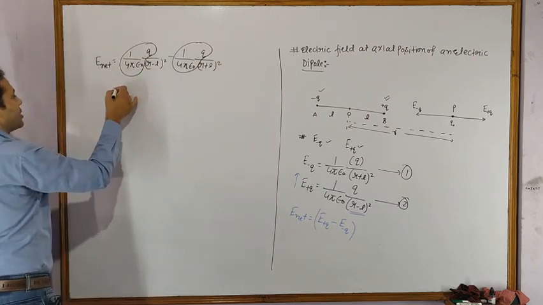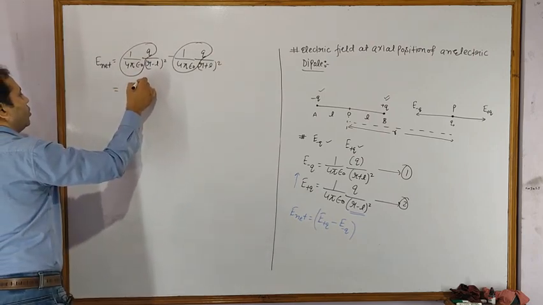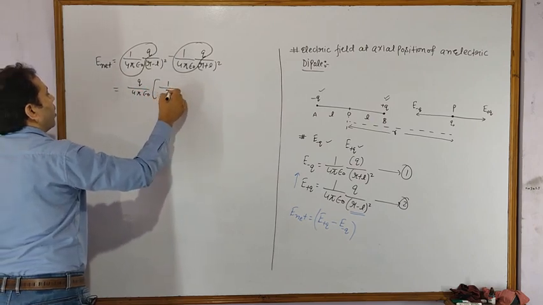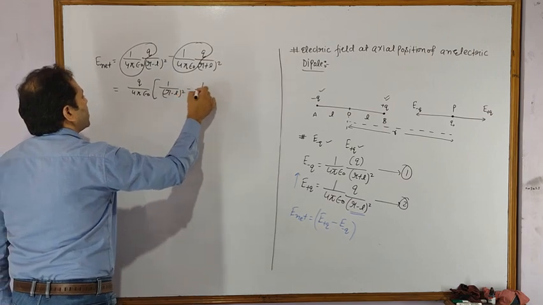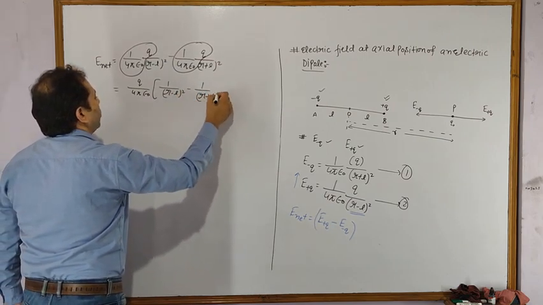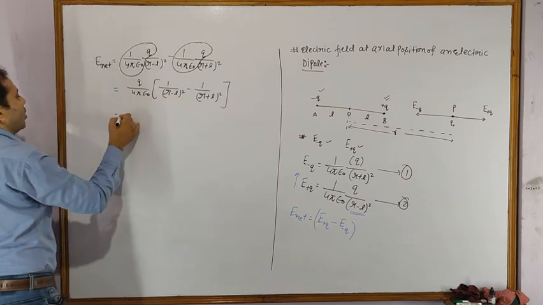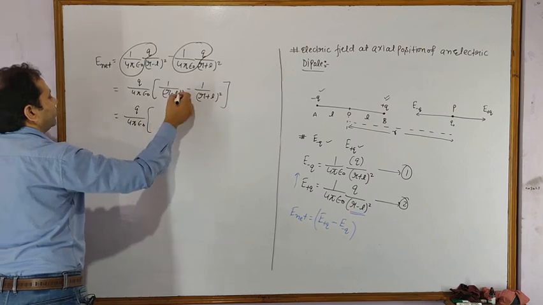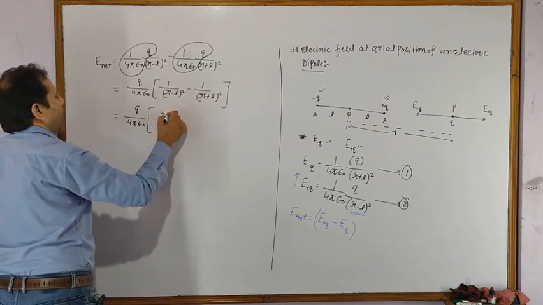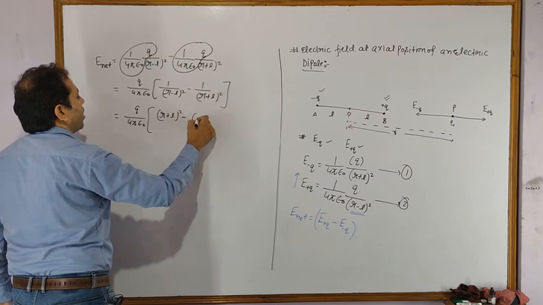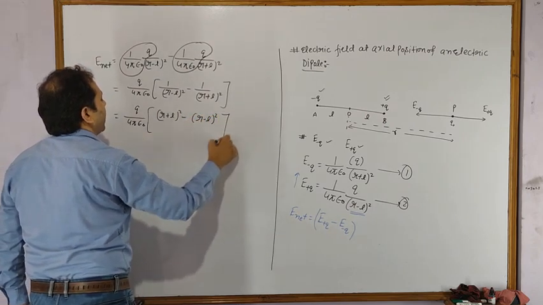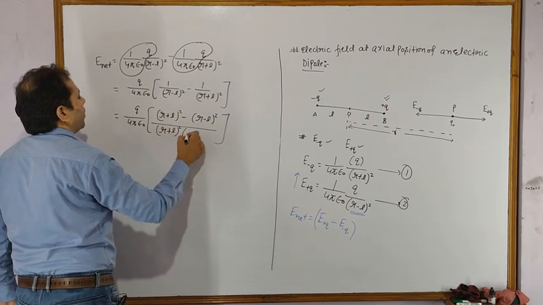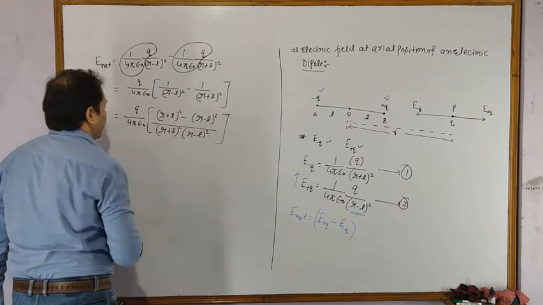Take out the common values: Q upon 4 pi epsilon naught times 1 upon R minus L the whole square minus 1 upon R plus L the whole square. Solve these values. Q upon 4 pi epsilon naught, just take the LCM: R plus L the whole square minus R minus L the whole square, upon R plus L the whole square and R minus L the whole square.